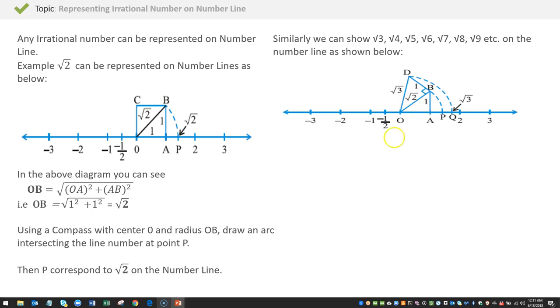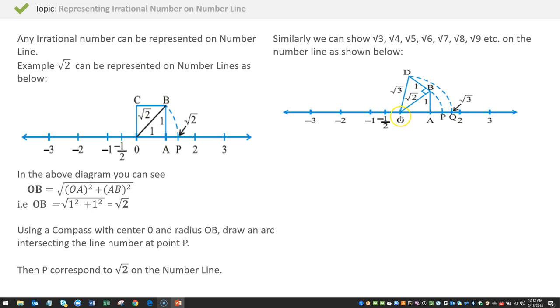And here is an example of square root of 3. Again, you start with origin O, go 1 unit to A, and then go 1 unit perpendicular to OA, which is AB, and then you find the value of OB, which is square root of 2.